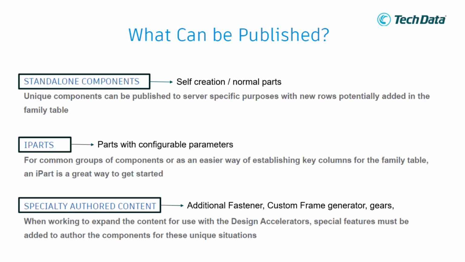If you're familiar, an iPart is also a normal part but with configurable parameters. Then specialty authored content, like fasteners, custom frame generator, gears, all of that is considered specialty authored content. But the methods to do it are also very similar.